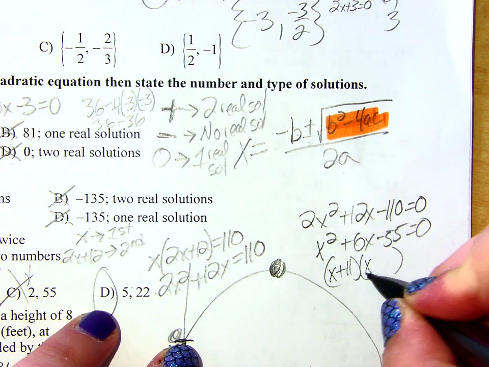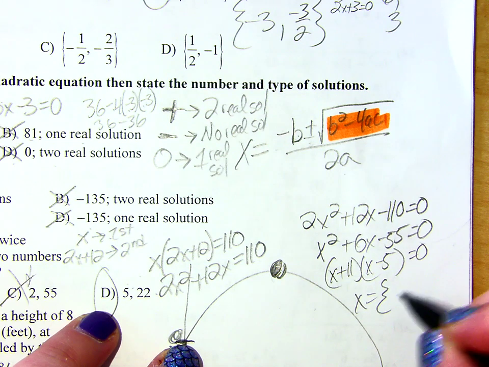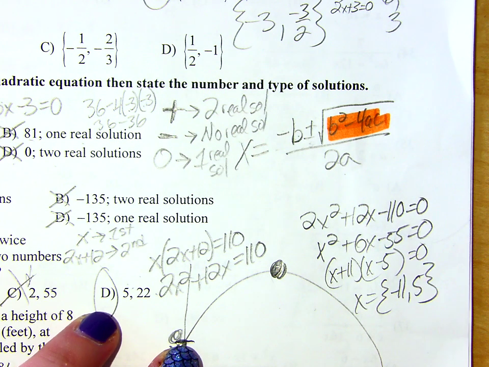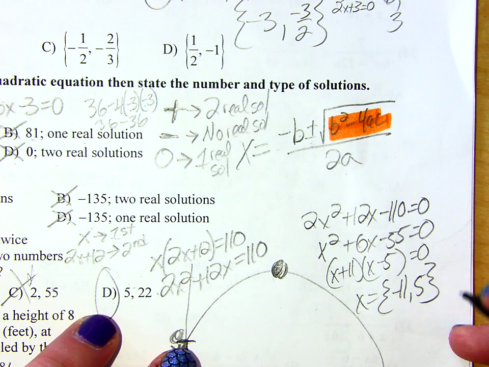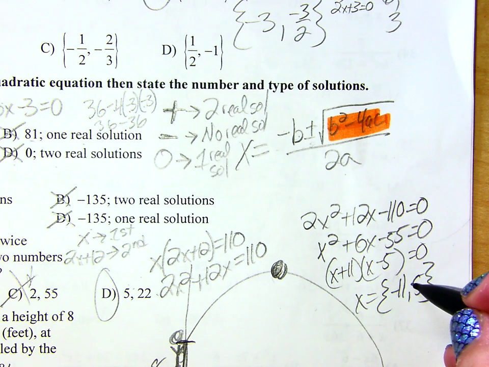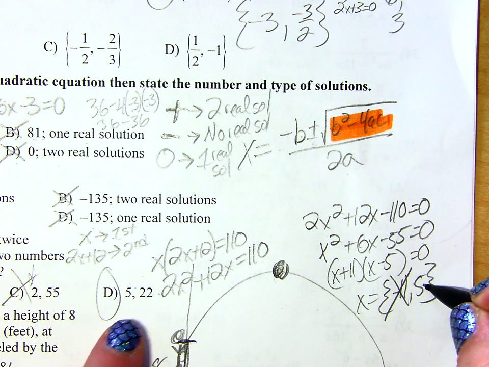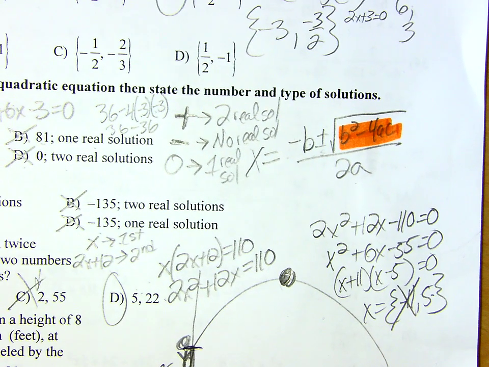So plus 11 and a minus 5. That means x is either negative 11 or positive 5. Well, negative 11 isn't a choice anywhere, so let's get rid of that. So one number's got to be 5, and then the other one's 22 anyway.